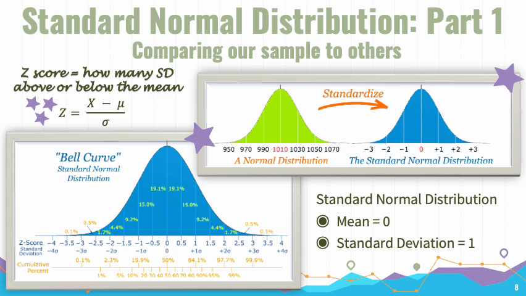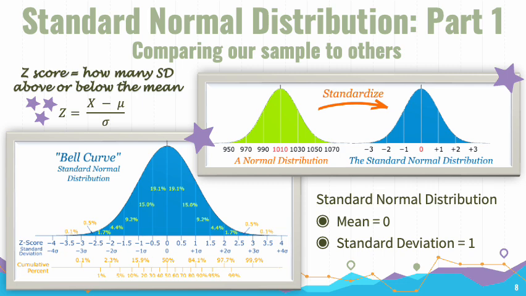So then 95.5% of your z-scores will be between plus and minus 2, and 99.7% will be within plus and minus 3, which explains why most z-tables have a range between negative 3.5 and positive 3.5.